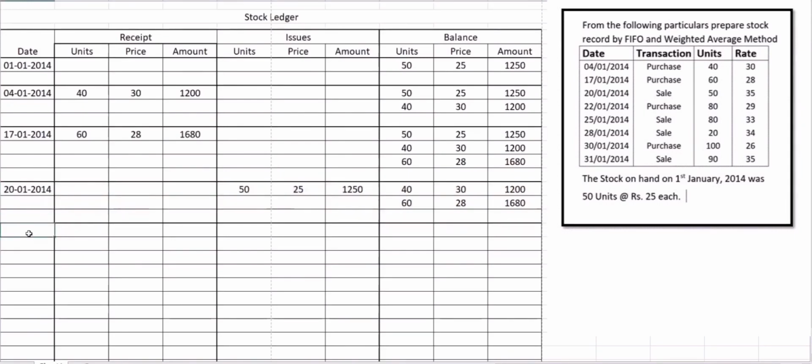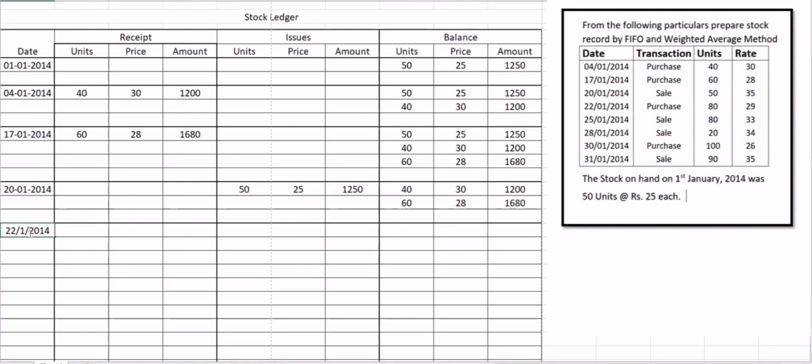Next transaction, 22nd January 2014, we have bought units. Bought means purchase. So we have purchased units. If we are purchasing units, then those will come in the receipt column.